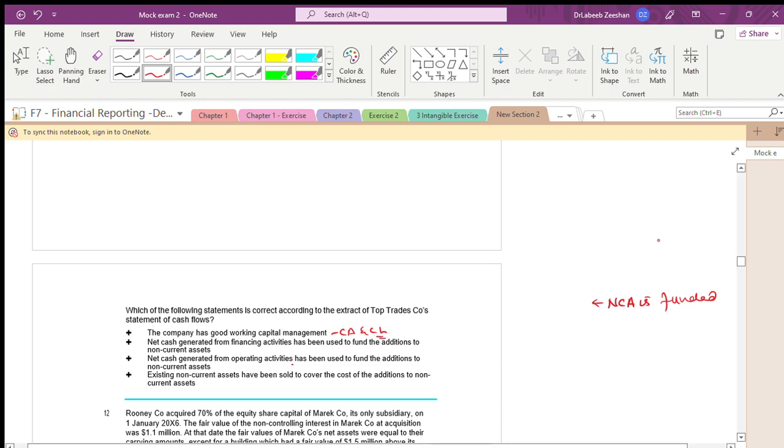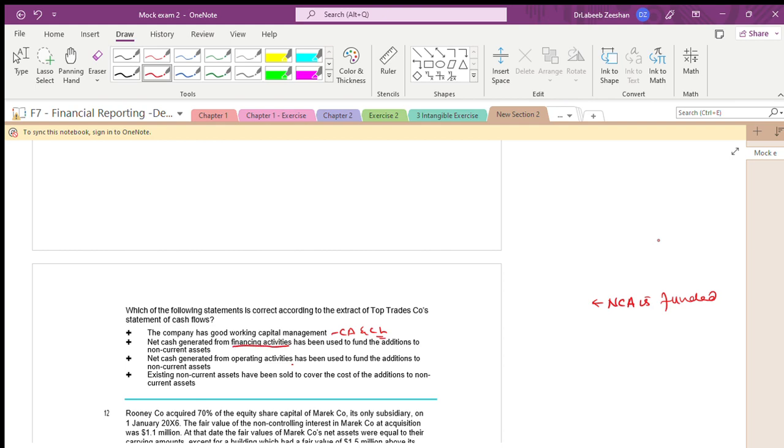Net cash generated from financing activities has been used to fund additions to non-current assets. We never generate net cash from financing activities.